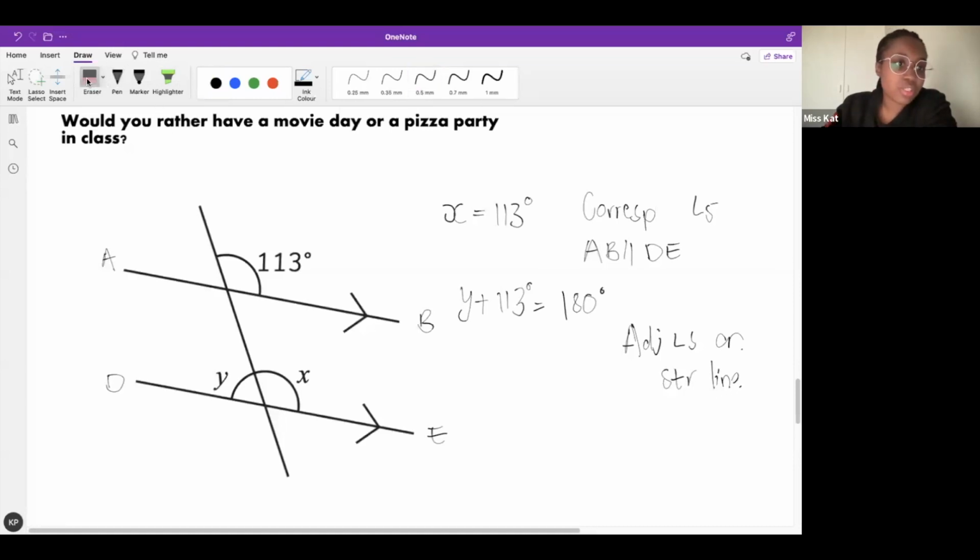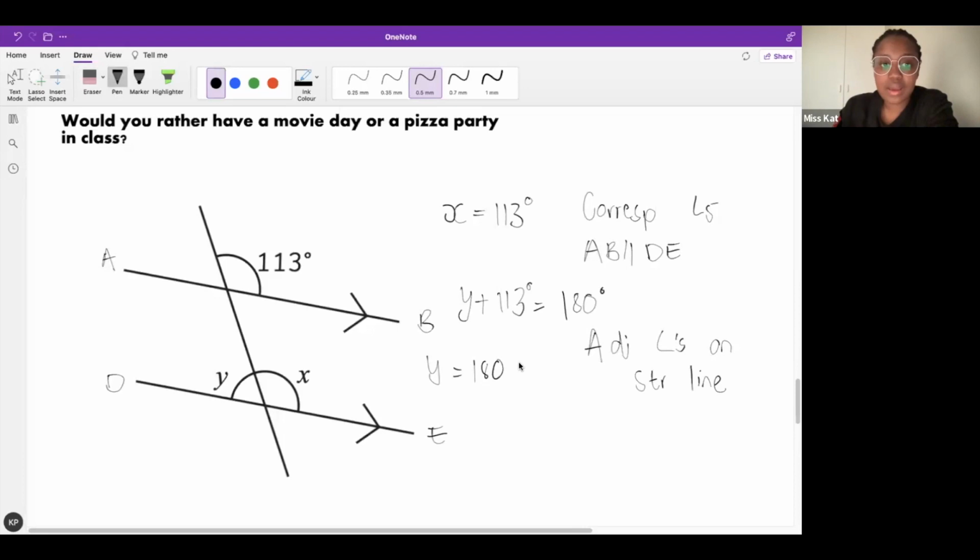So guys, if you weren't here when we were starting the geometry series, I suggest you go back and watch all of them because we're going to keep using them going forward, okay? Adjacent angles on a straight line. So therefore, y is what? 180 minus 113.